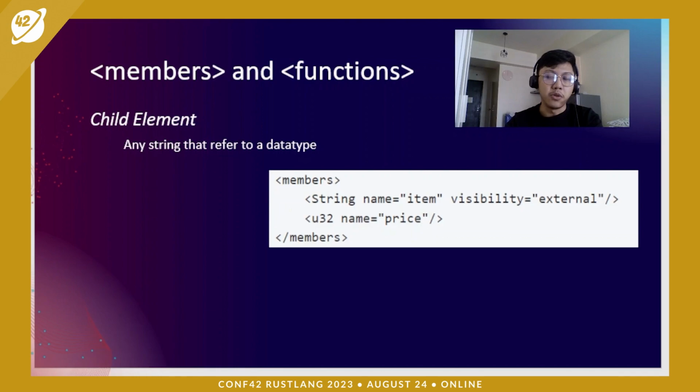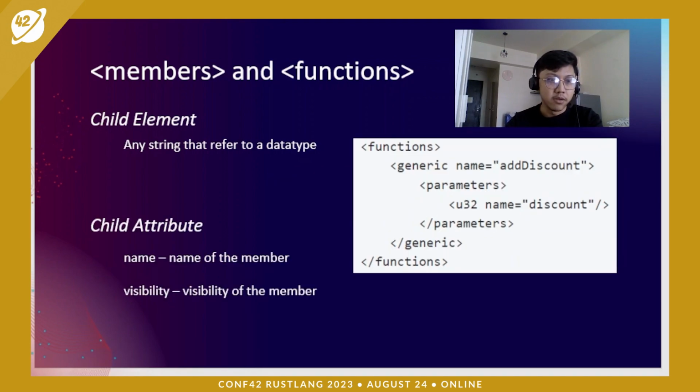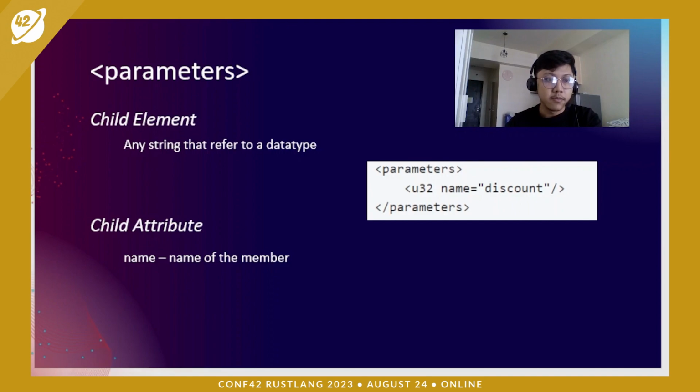In functions, there is a subnode that can be defined for parameters. We all know that functions or methods have parameters or arguments that will be passed from another instance. So here we are: parameters. The child element of a parameter is any string that refers to a data type.